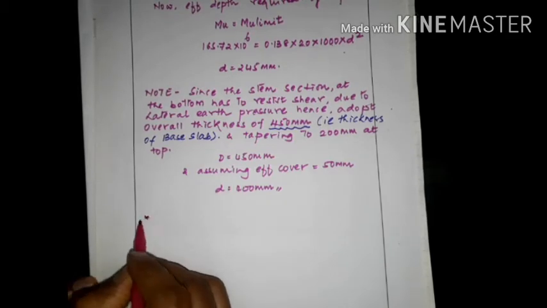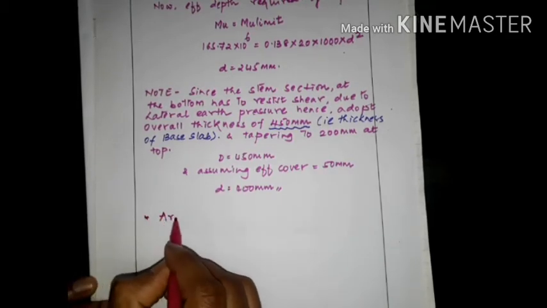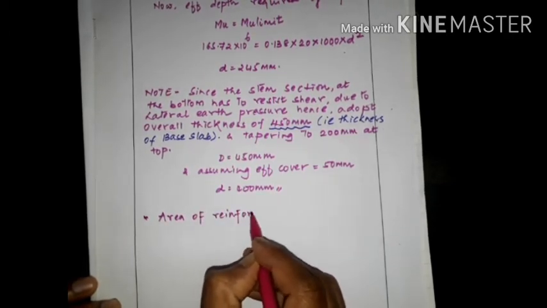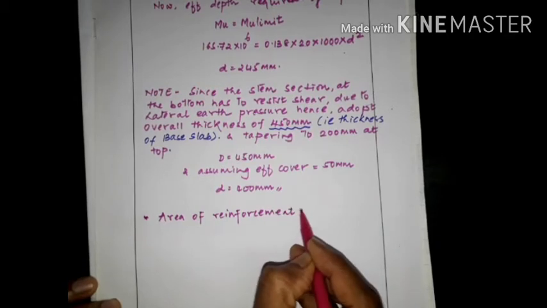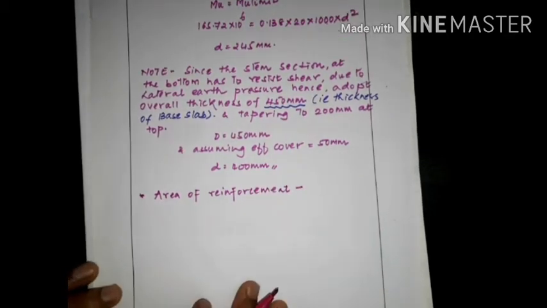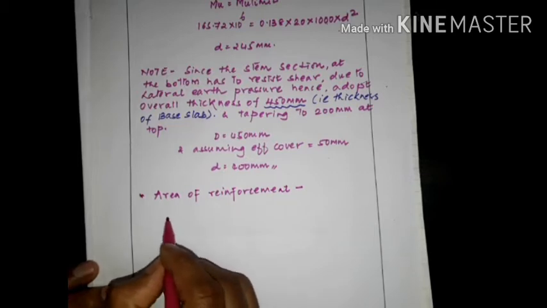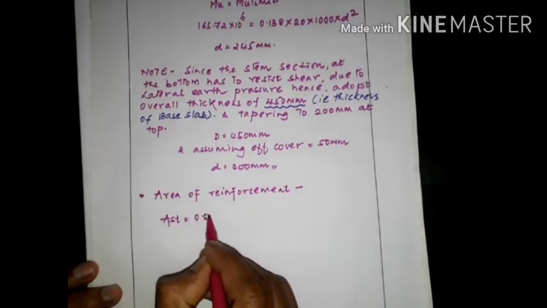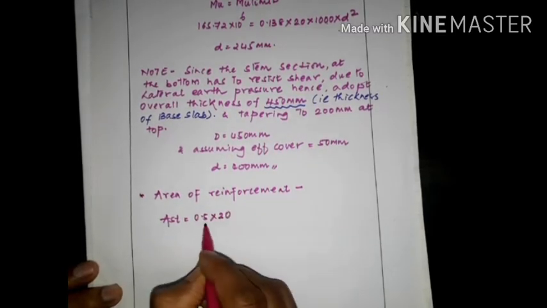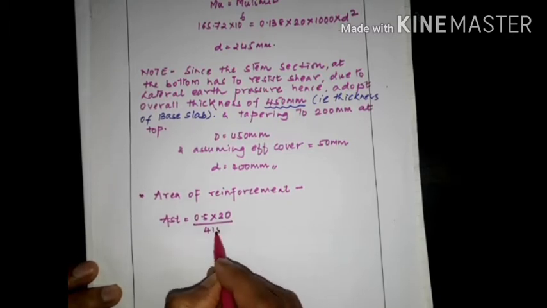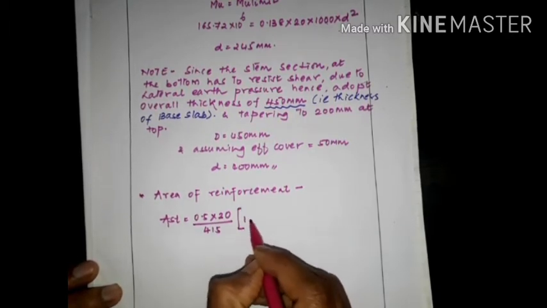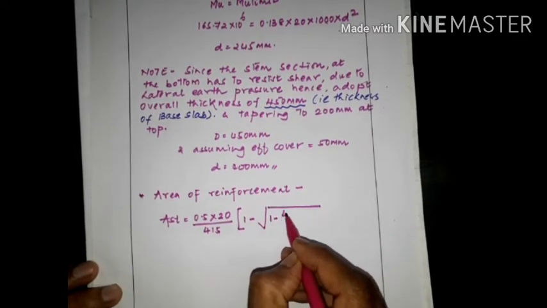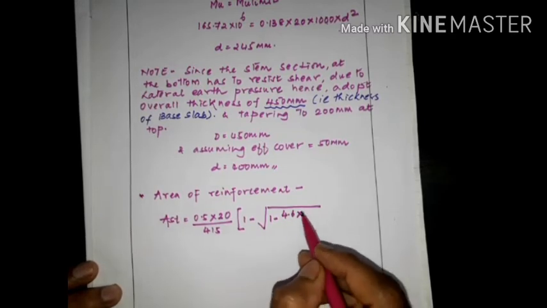So the area of reinforcement Ast is equal to 0.5 fck upon fy into bracket of 1 minus square root of 1 minus 4.6 Mu divided by fck b d square.